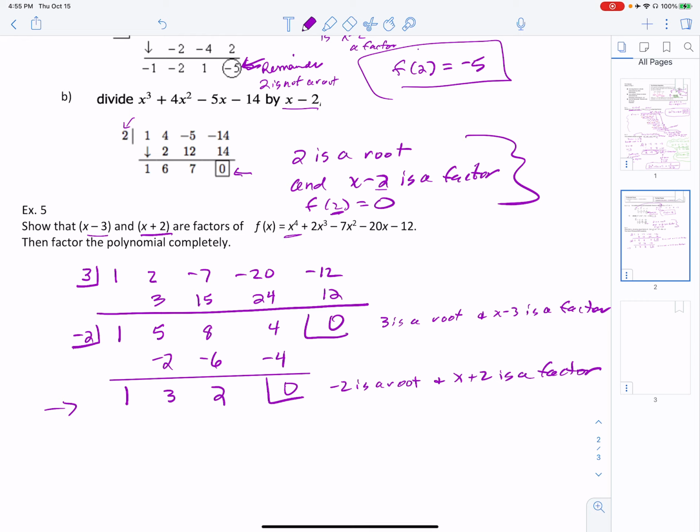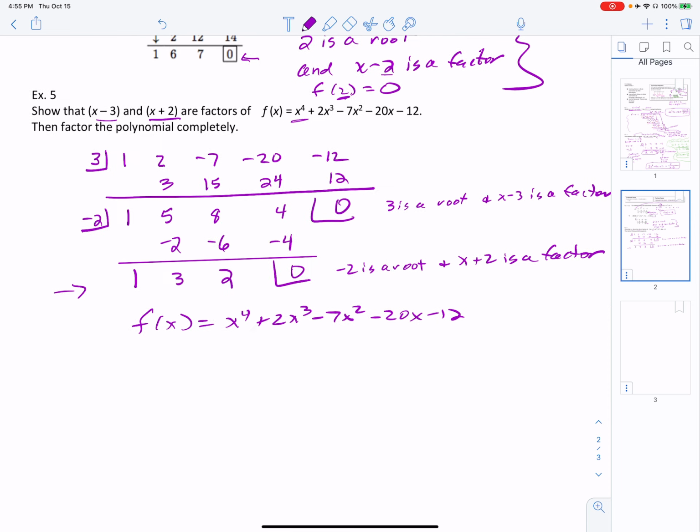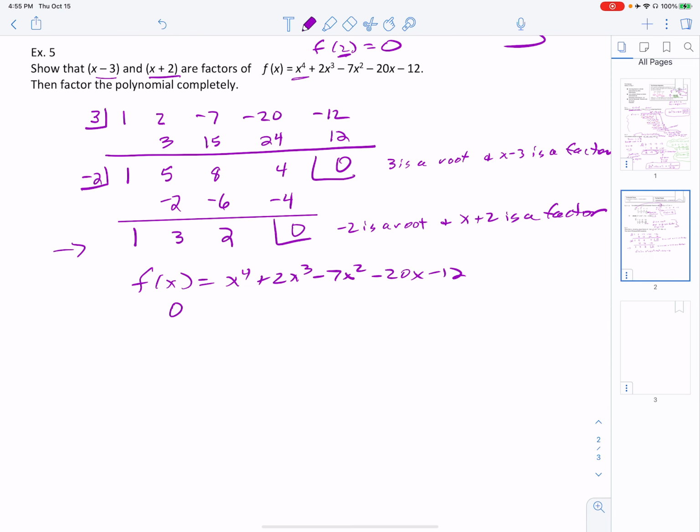So what I have right now is f of x was x to the 4th plus 2x cubed minus 7x squared minus 20x minus 12. And now what I know is if I want to factor this, I know that one factor is x minus 3. The other factor is x plus 2 because they had remainders of 0. And what is left over, I'm going to use this.